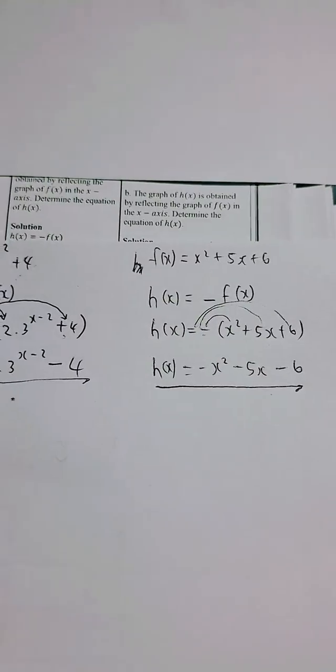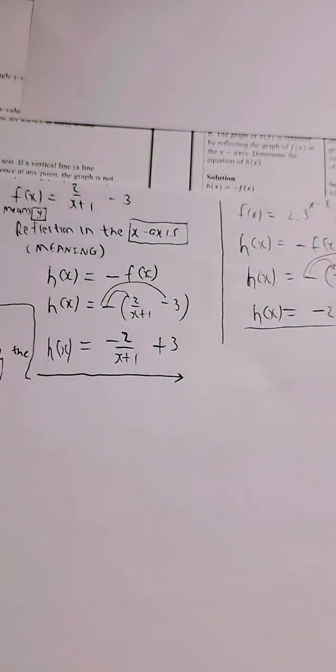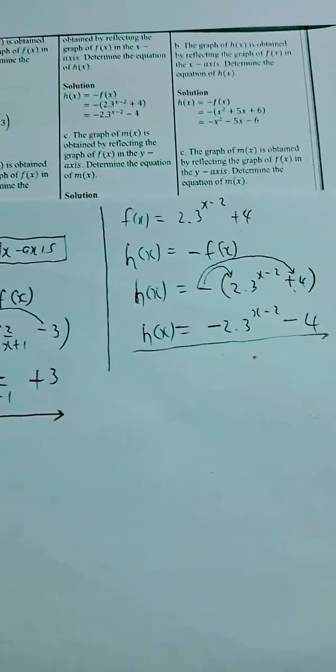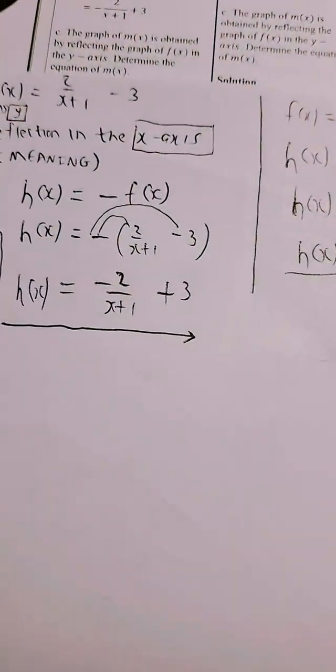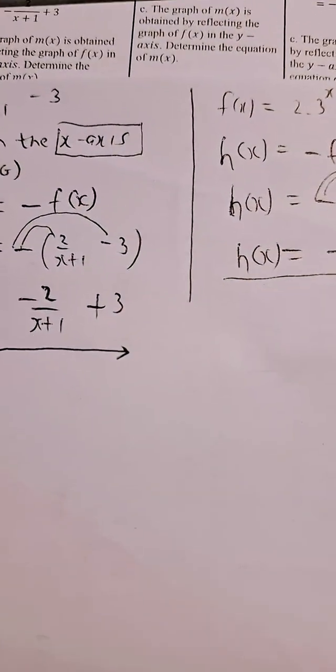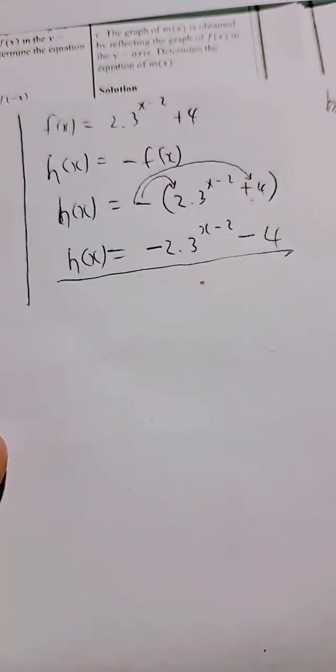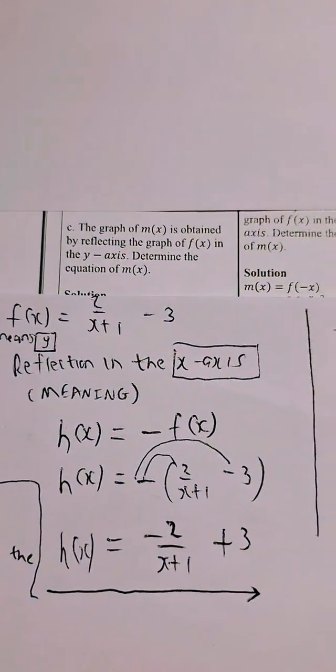So this is just how we look at reflection in the x-axis. Guys, if there's reflection in the x-axis, surely there is also reflection in what axis? In the y-axis. So we are going to look at that to conclude our reflection types, so that we also have a clear understanding of reflection in the y-axis.